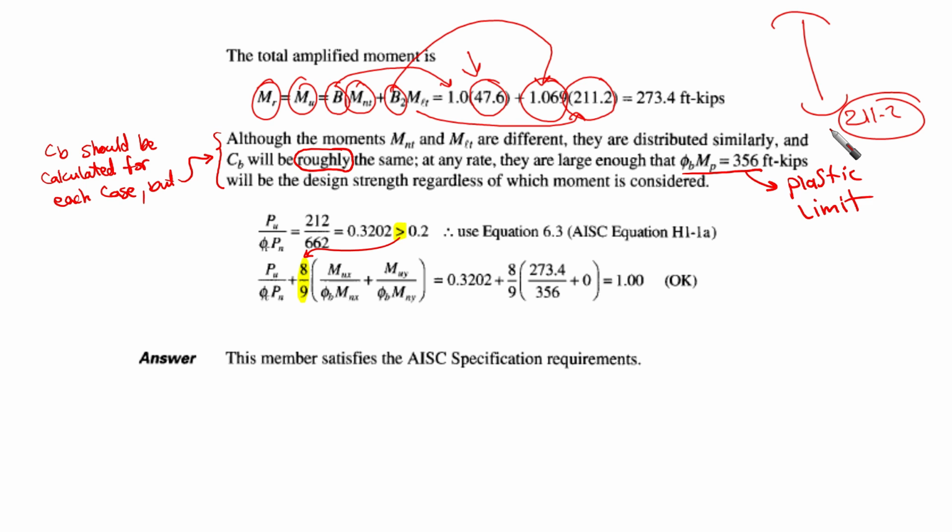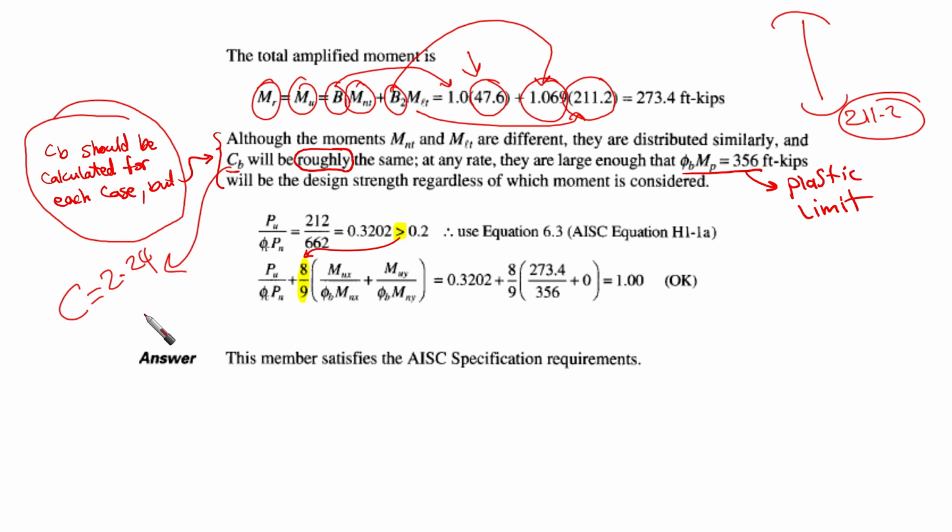So although the moments MNT and MLT are different, they are distributed similarly, and CB will be roughly the same. Actually, CB should be calculated for each case, but again, the difference will be small. If you want to go through it, you can do it. For example, here CB was 2.24.